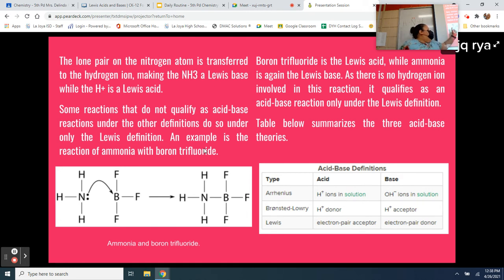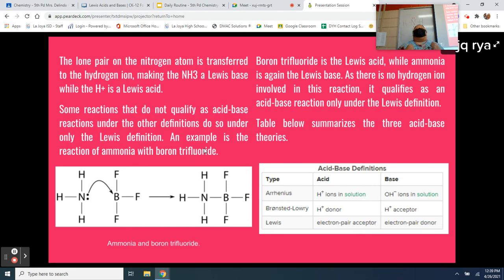So, if you're looking at this reaction between NH3 and BF3, who is my Lewis acid and who is my Lewis base? Why is that? Why is BF3 the Lewis acid? And boron is what?